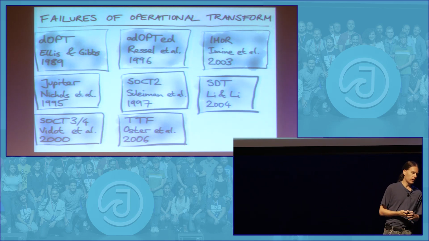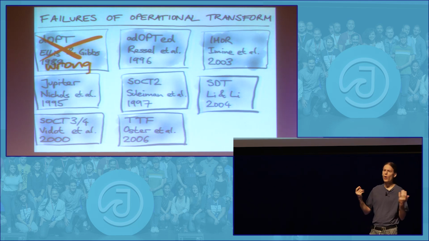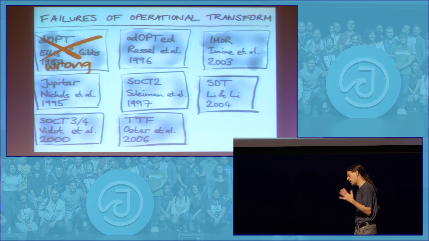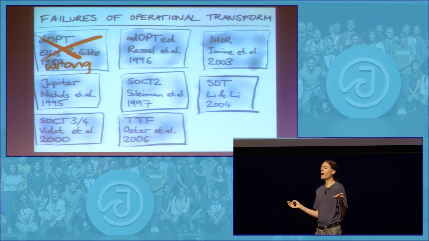The problem was that some of these early algorithms seemed to work all right and looked reasonable on paper, until you think a bit harder, and it turned out that some of them were wrong. What I mean by wrong is that there are certain edge cases, certain scenarios of concurrent edits, where users would end up not in the same state at the end of the editing session.